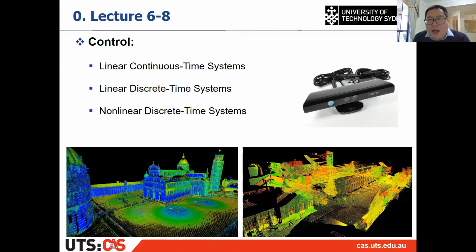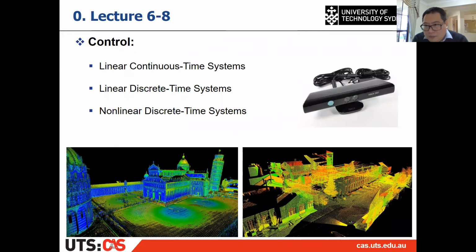As I mentioned, there will be 3 lectures about the control part, and the first lecture is what we had last week, which is about the linear continuous time system. In today's lecture, we will have the linear discrete time system. It's still linear, but the system is not continuous.